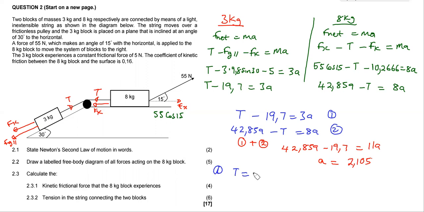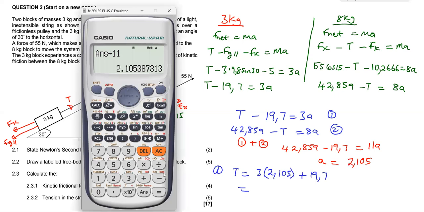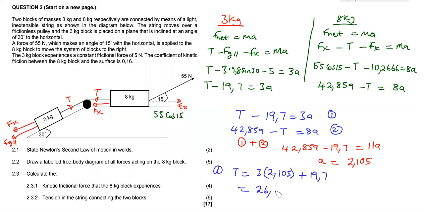Tension is going to be equal to 3 times 2.105 plus 19.7, which is going to give us, let's see, 26.02. So it's going to be 26.02 newtons. Okay, that's how you get the answer.